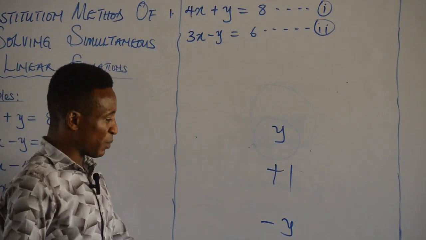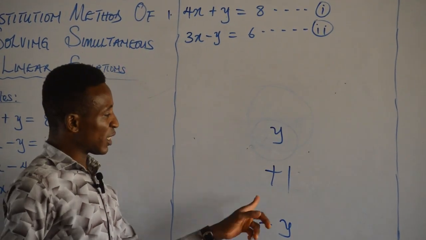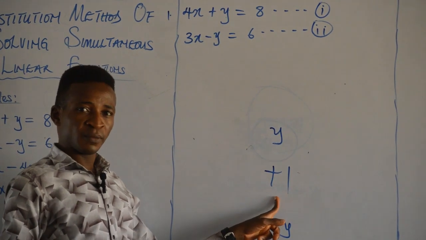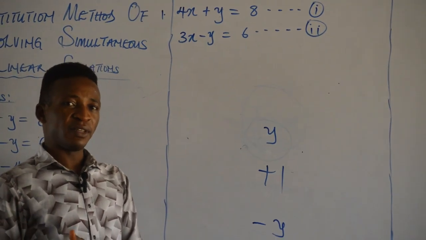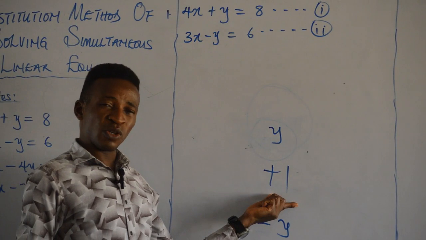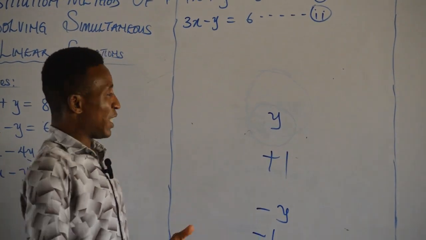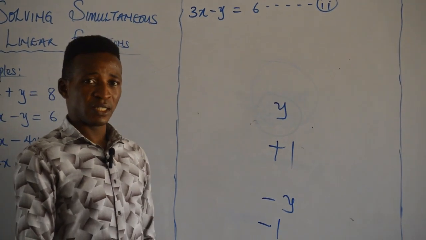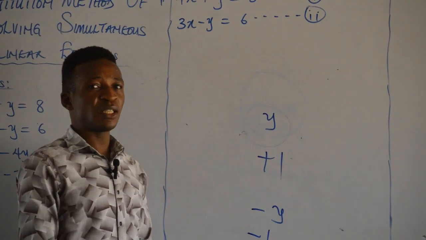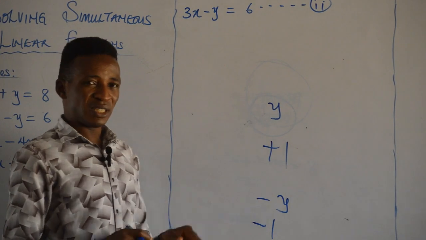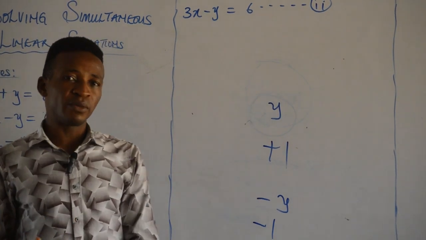When the coefficient is minus 1, it's easier to start with the one that has the positive sign, because by the time you want to make the variable the subject of the formula, it's going to be easier to collect your like terms, or to make that variable stand alone while every other thing goes to the right hand side and that variable stays on the left hand side. It's going to be a lot easier when you're working with positive values.